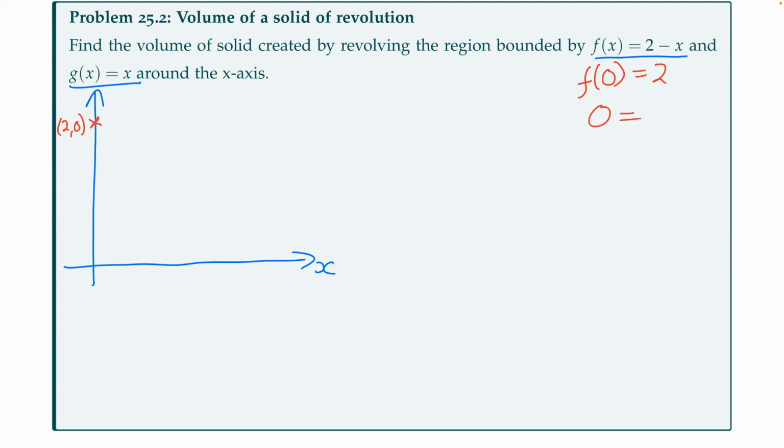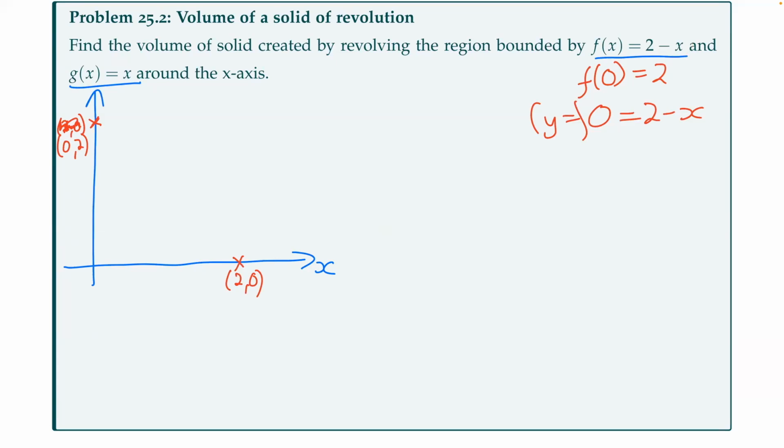So when is 0 equal to 2 minus x? In other words, when is y equal to 0? We just rearrange that. Again, we're going to have x is equal to 2 here. Sorry, this should have been 0, 2, and this is 2, 0. So I know it has to go through these points. I can also tell that it has a gradient of -1.